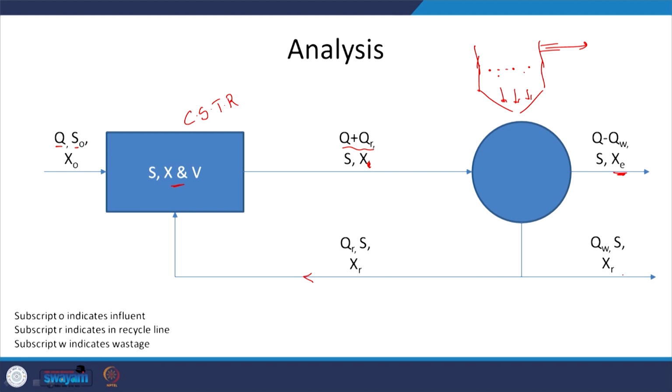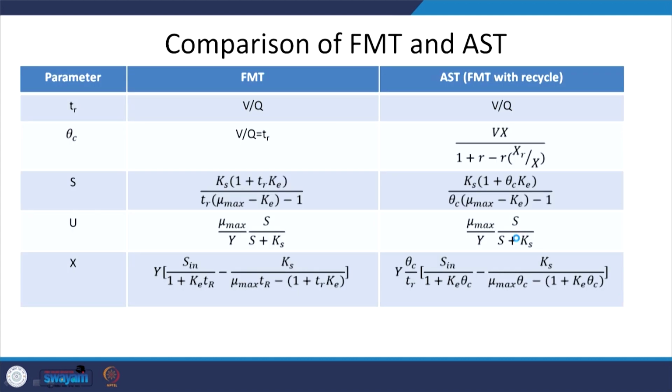We looked at different mass balances, as in the mass balance around the entire system. For calculating Q recycle and such, we looked at the mass balance around the clarifier. We are done with that. And then we looked at this schematic table, where we compared a fully mixed tank without recycle and a fully mixed tank with recycle.